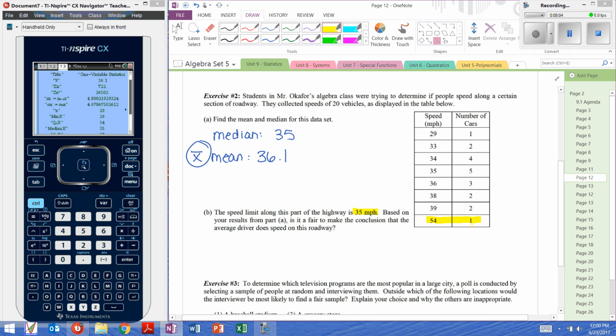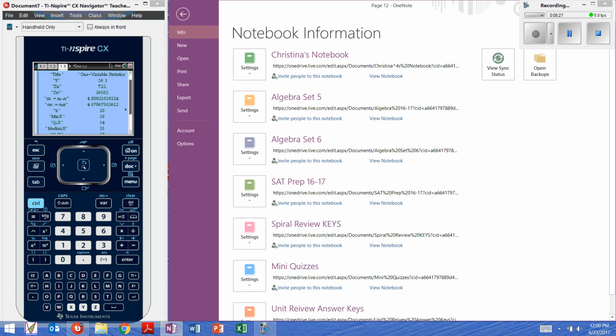It is going to make the mean slightly higher than what it should be because of this value, we call this an outlier. So is it a fair conclusion to say that the average driver does speed? I would say probably not. The outlier is causing the mean to be higher.